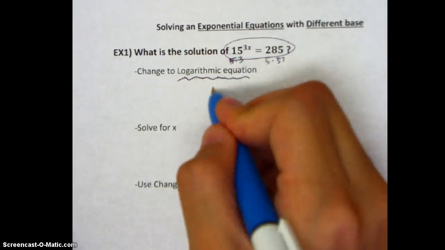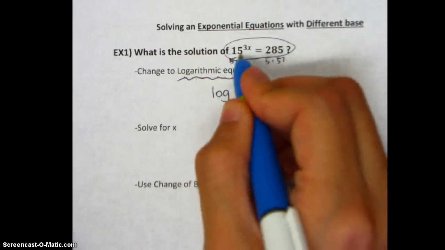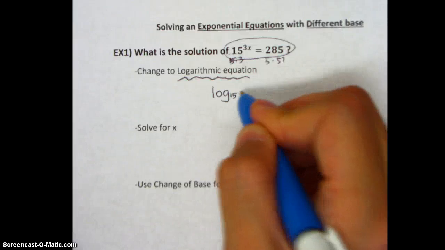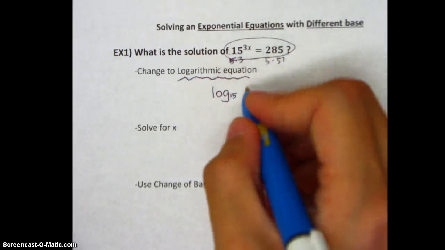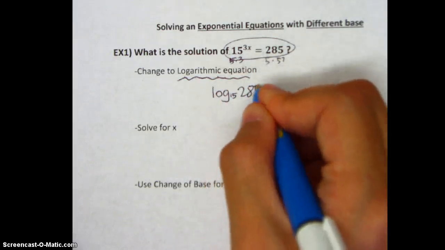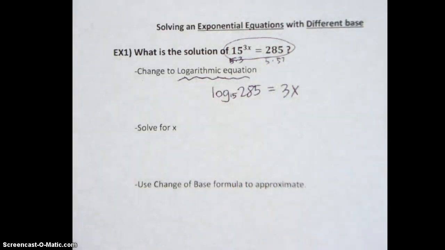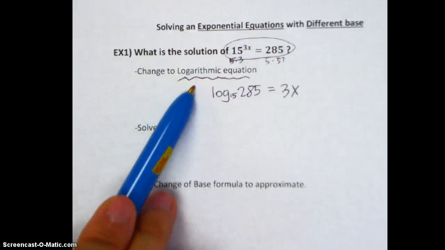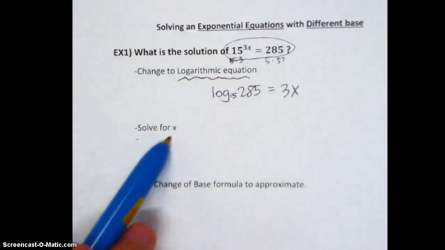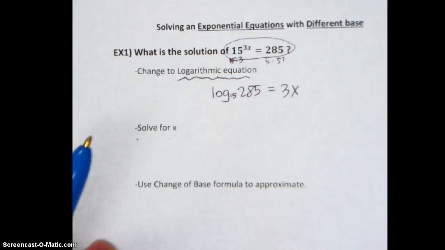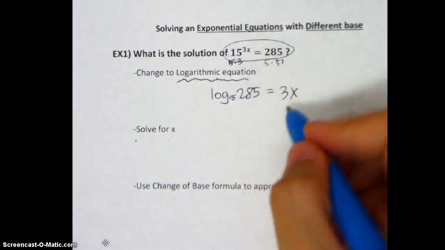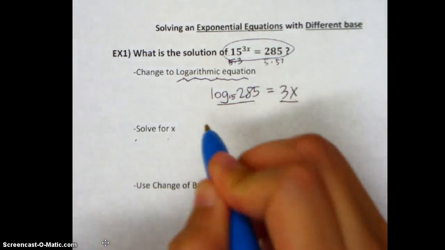So we know the log base is this number 15, and the argument is the resulting number, which is 285, is equal to the power 3x. So we just change that to a logarithmic equation. Now the next step is solving for x. Now we have 3x, so we divide both sides by 3.